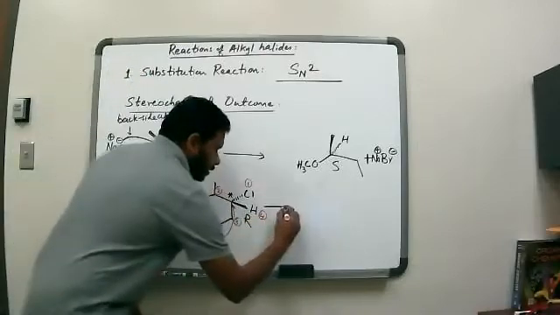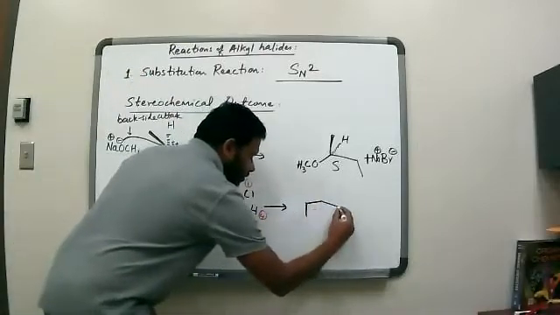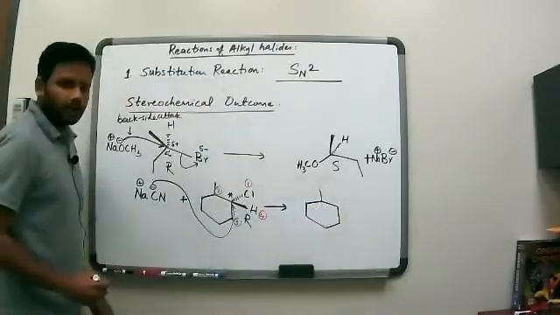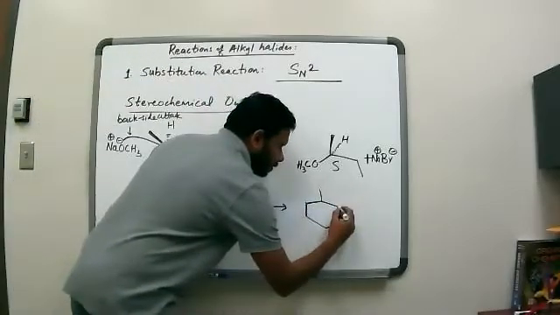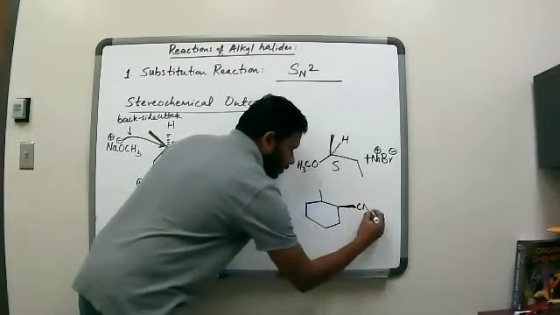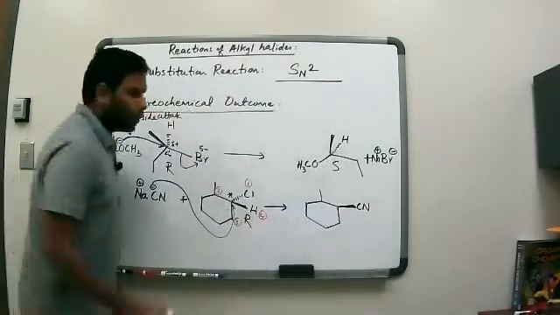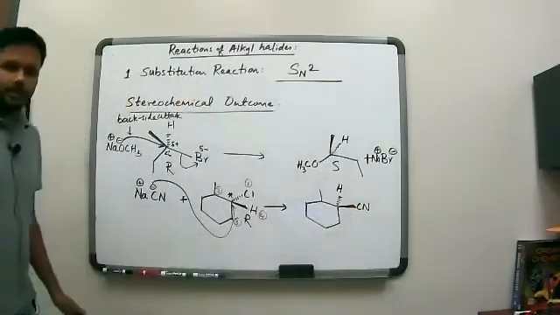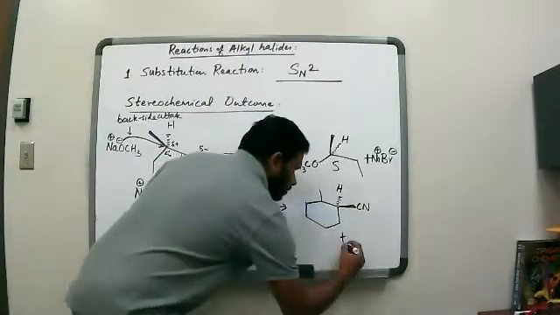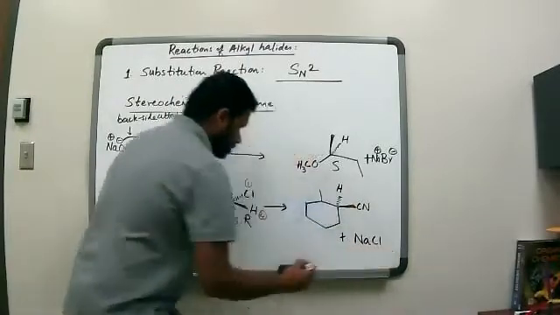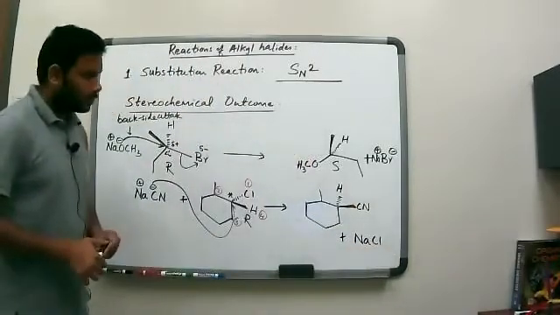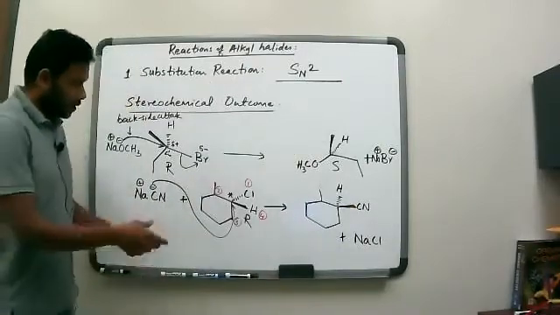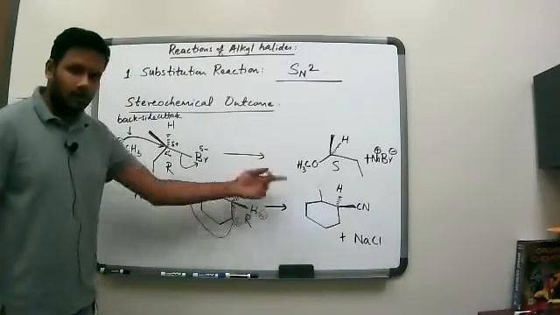And what that means is, when we're done with this reaction, we're going to draw this product as CN now on a wedge and the hydrogen on a dash, plus NaCl.